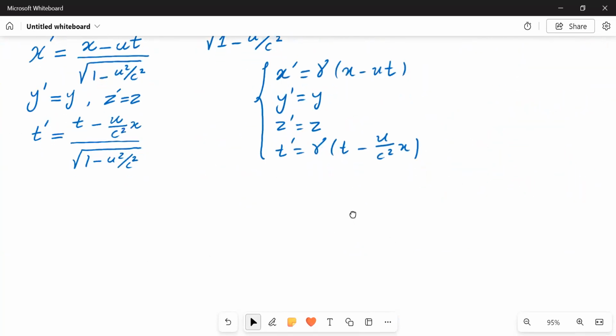I want to see how these 4 vectors remain invariant under these transformations.